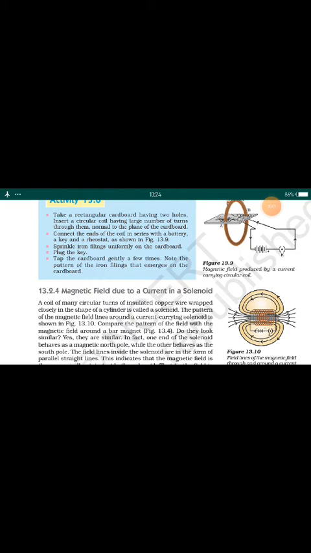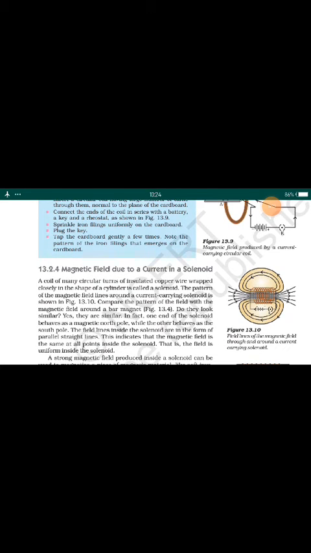Connect the ends of the coil in series with a battery, a key and a rheostat. बैटरी के और rheostat के साथ वो कनेक्टेड है, shown in figure. Sprinkle iron filings uniformly on the cardboard.